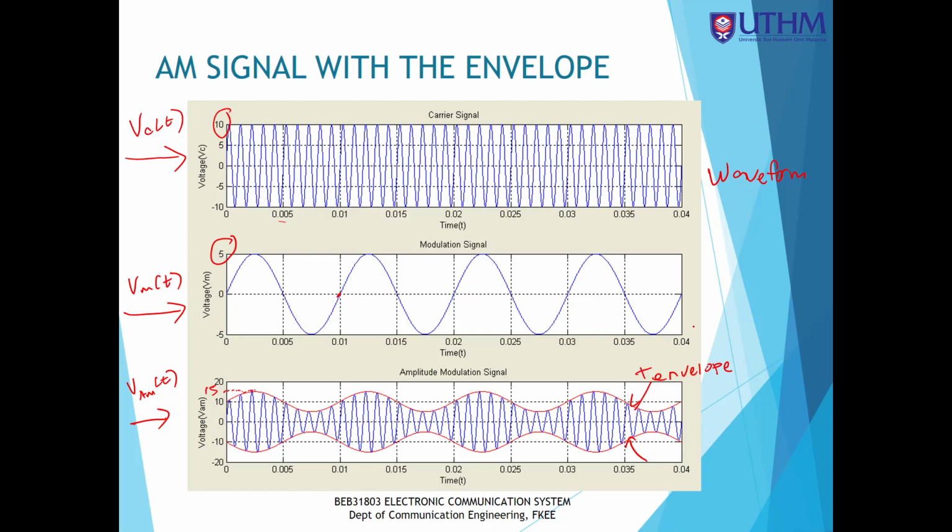This is the positive envelope and this is the negative envelope at the negative side. So this picture is symmetrical around 0. You have the positive side and negative side. So the red color line is an imaginary line to show the envelope shape.